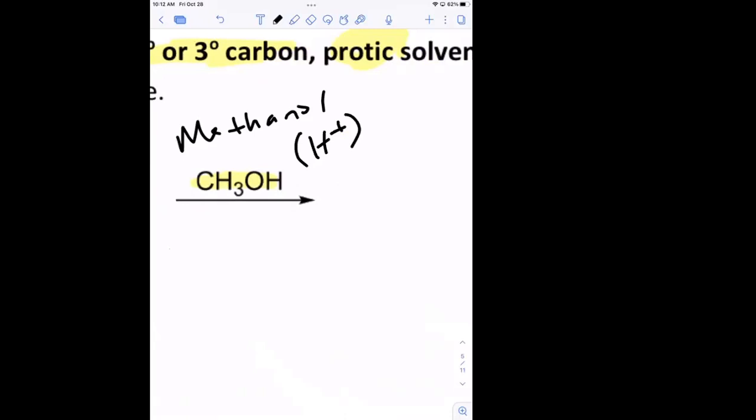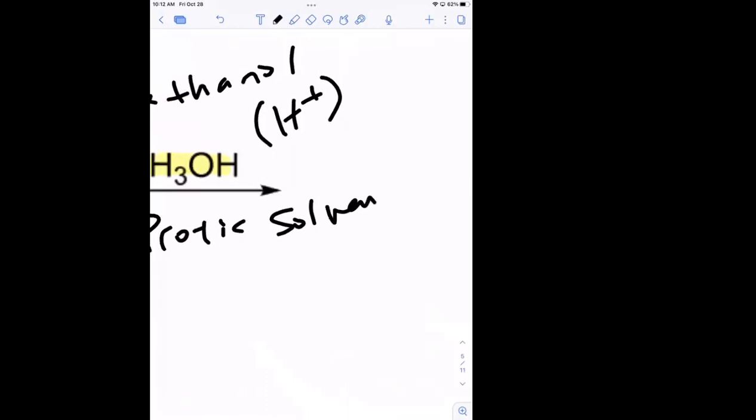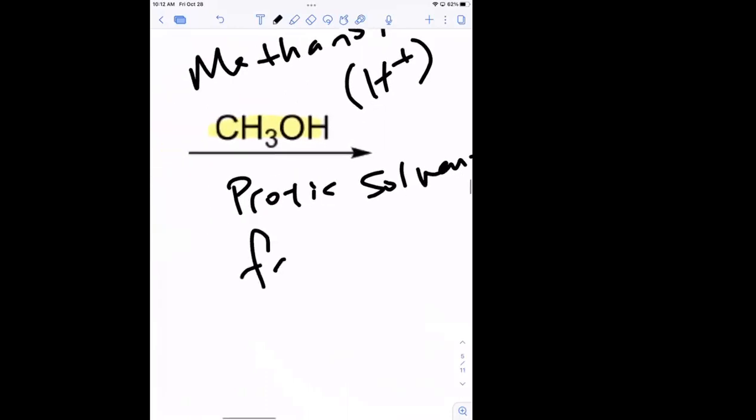If you remember the other day, we talked about protic and aprotic and how protic solvents slow down SN2 reactions. They actually speed up SN1 reactions. So write that down somewhere. Protic solvents facilitate SN1 reactions.